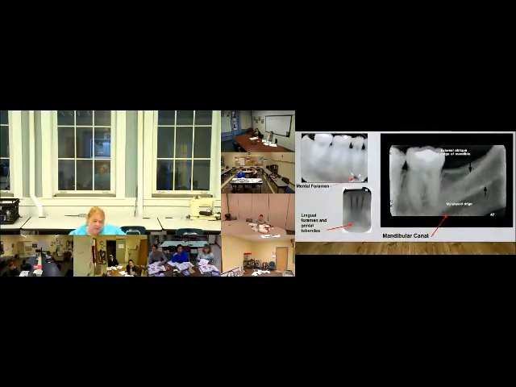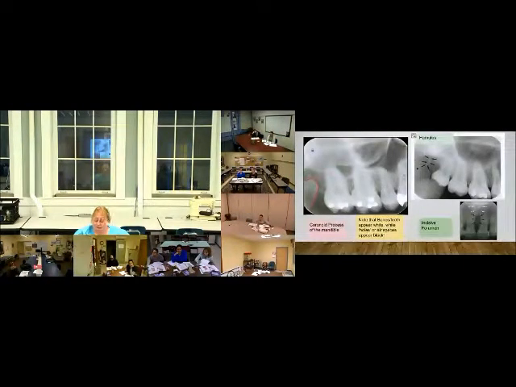Here we have an image of the mental foramen, image of the mandibular canal, and a couple different other landmarks that we will get more familiar with. We have the coronoid process, the hamulus, and the incisive foramen. All of these things we can see on X-ray.